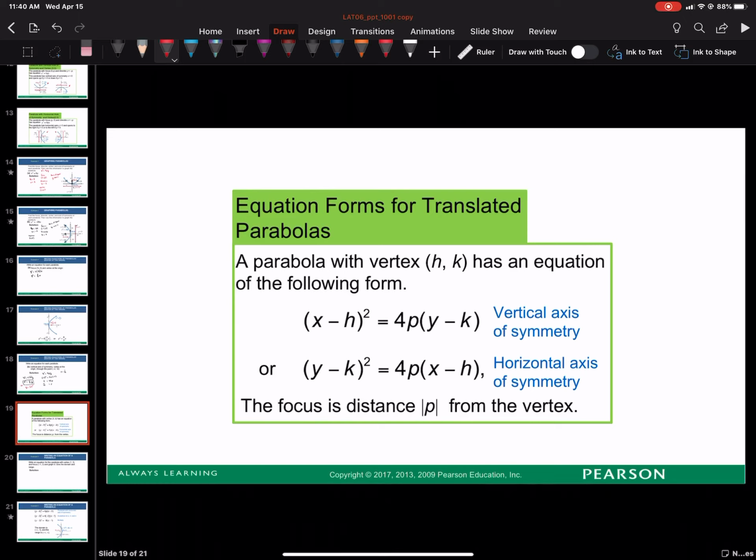Then we have (y minus k) squared is equal to 4p times (x minus h). The first one is the vertical axis of symmetry, and the second one is the horizontal axis of symmetry. And it says the focus is a distance of the absolute value of p from the vertex.